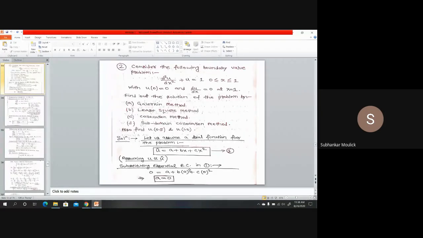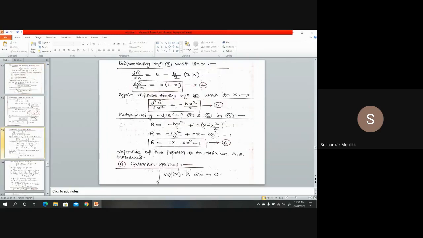My assumed trial function was u cap = a + bx + cx square, but I cannot take this equation number 1. Why? Because here three unknowns are there. So after substituting different boundary conditions, when you have eliminated the value of A and C in terms of B, you use that particular trial function in place of Wi of x.